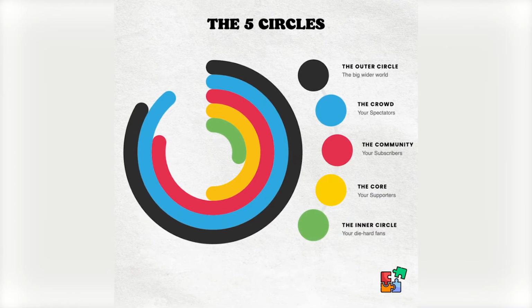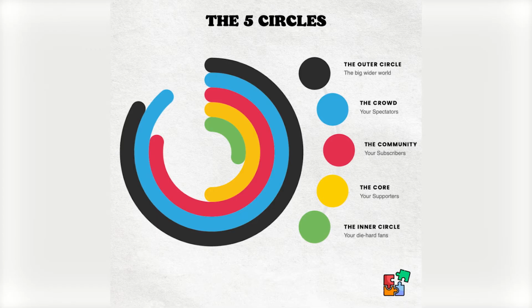So here's the exercise that I do with every artist, brand, or creator that I'm working with through the Jigsaw Consulting program. We think about your typical customers and we segment them using the 5 circles. We think about your crowd, your community, your core, and your inner circle. And then we develop a typical customer, a customer archetype, as it were, for each of these segments.